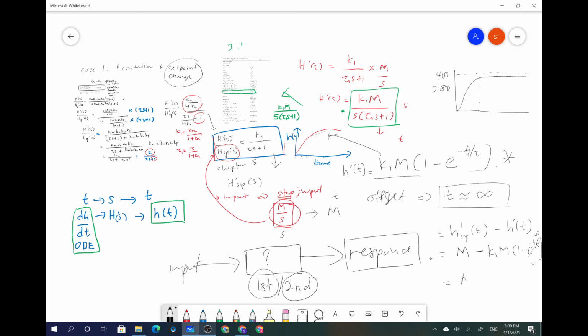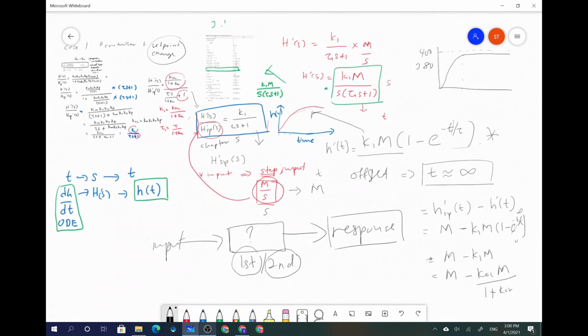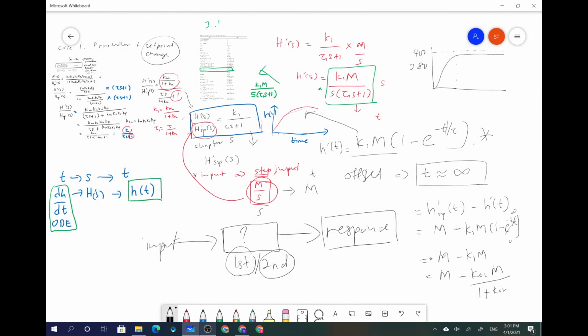So we're going to have only M minus K1 M. In the lecture it continues as M times (1 minus K1), where K1 is equal to K_OL over 1 plus K_OL. It is simplified again until you get M over 1 plus K_OL.